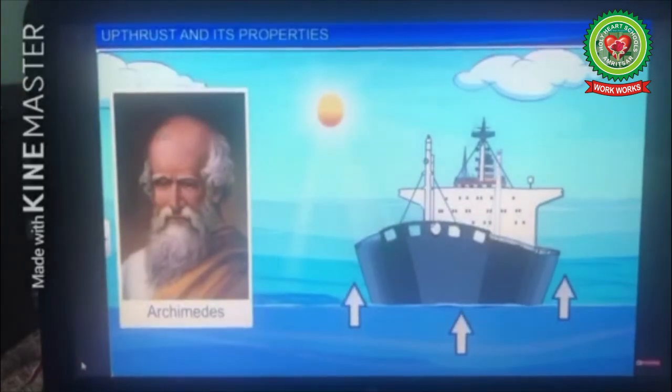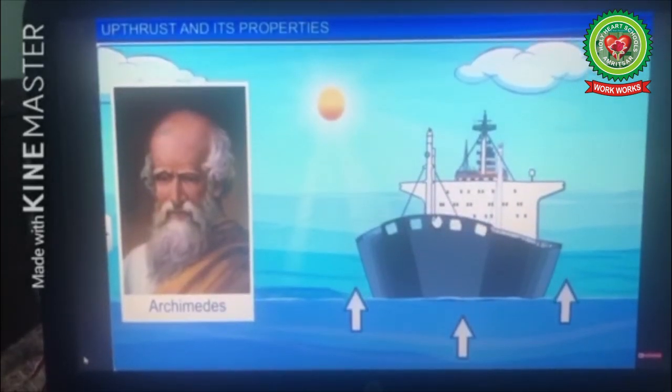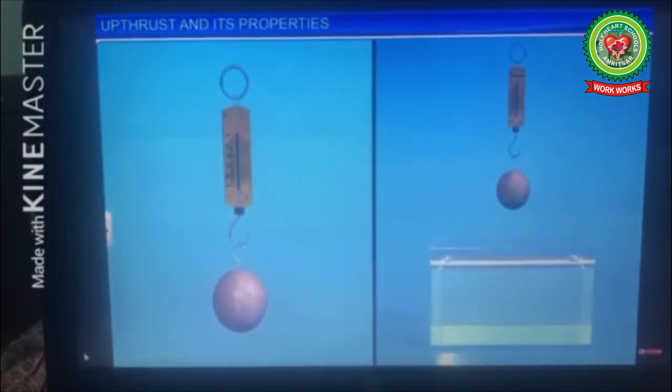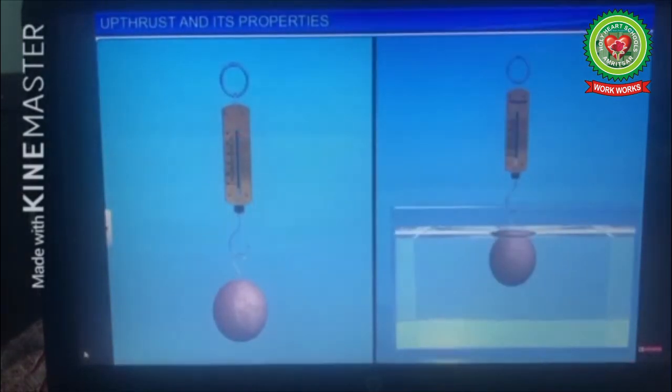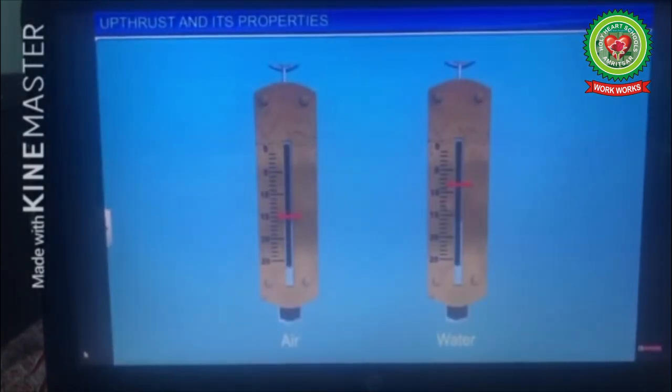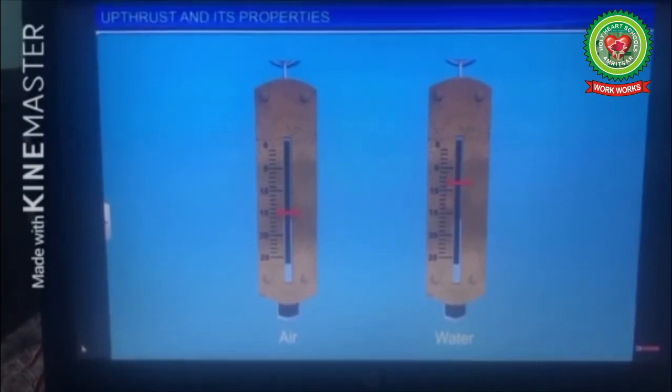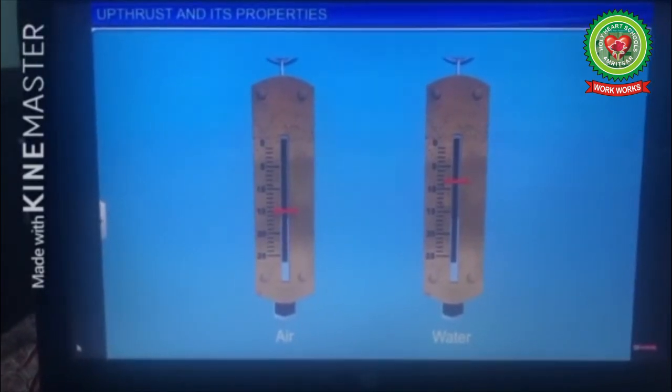He said that the water exerts an upward force or upthrust on any object in it. When you weigh an object in the air and then in water, the difference between the two readings shows the upthrust, which is often called the loss in weight of the object.